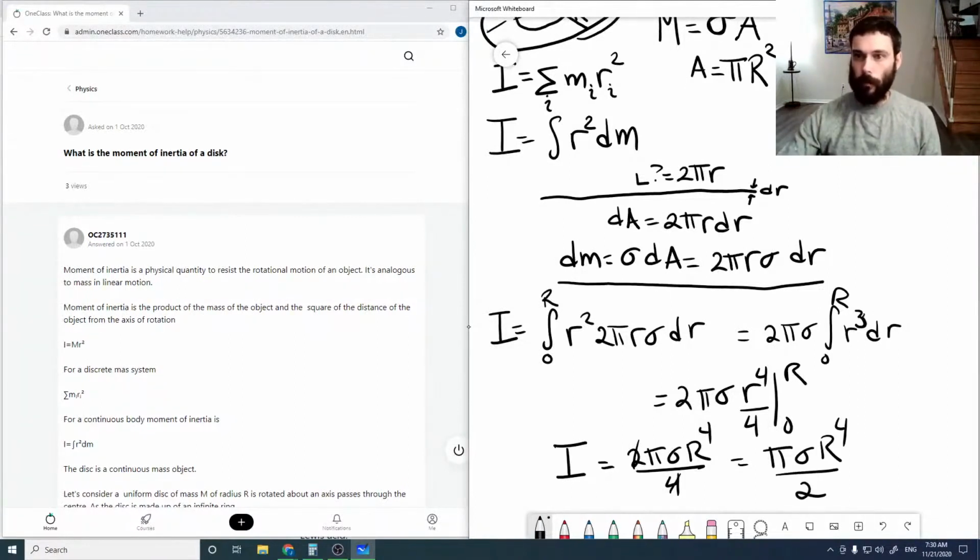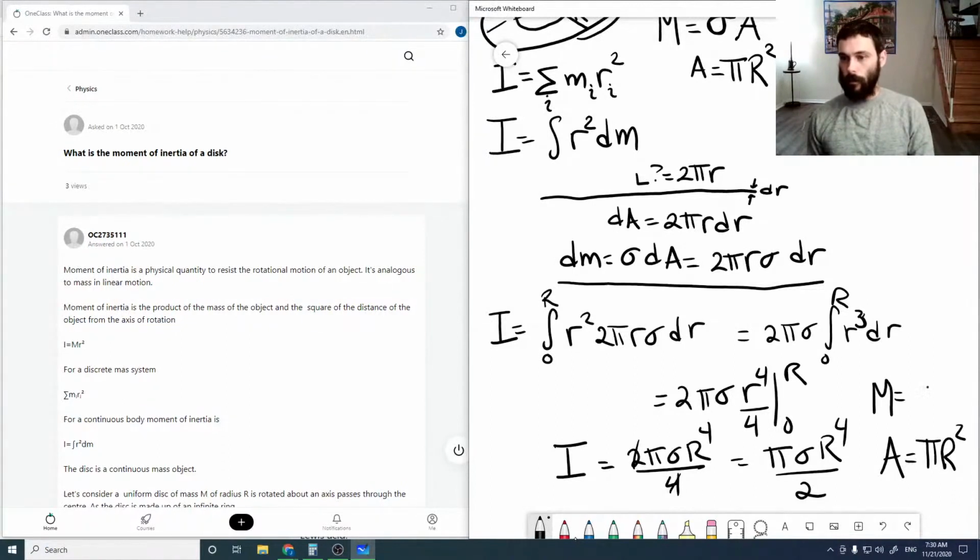Now we can clean this up a little bit because from before we have that our area is pi r squared and our mass is sigma times our area.